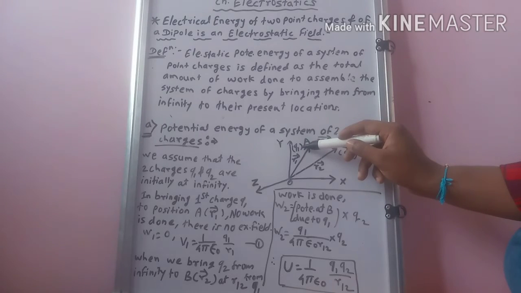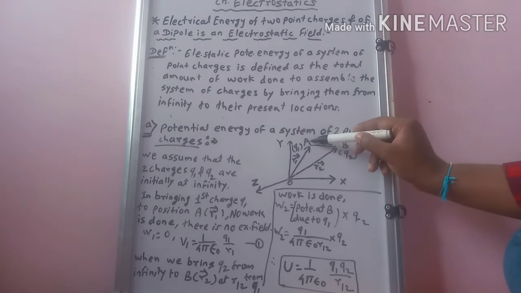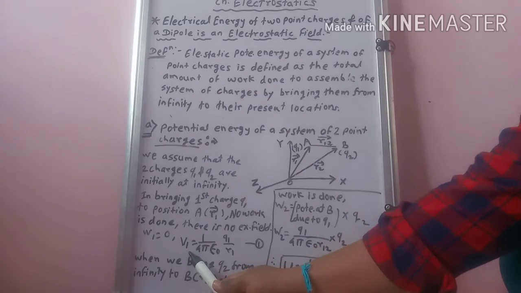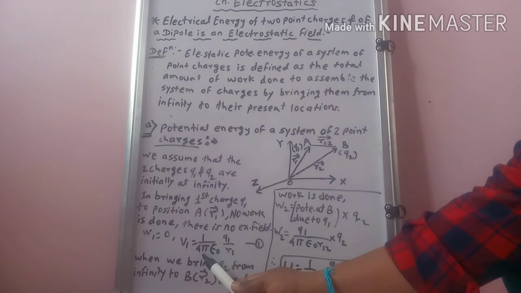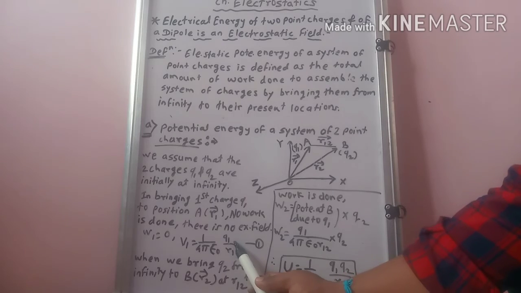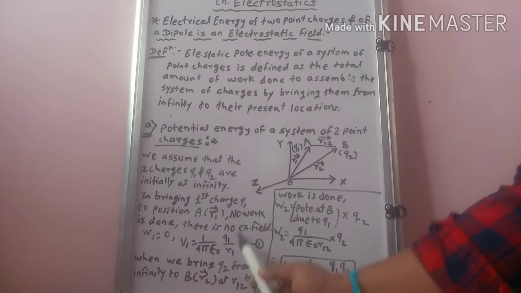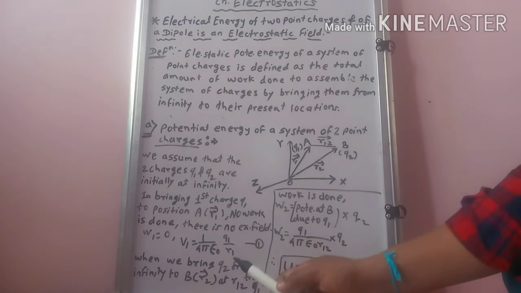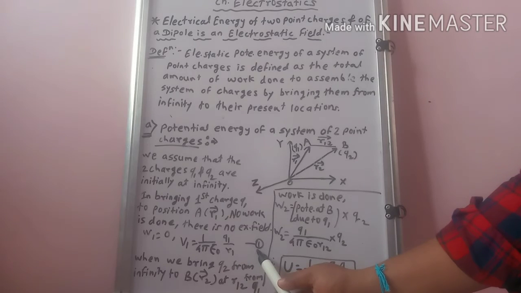But a potential is produced at point A, V1 equal to 1 upon 4 pi epsilon naught Q1 upon R1, where R1 is the distance from the origin O to the point A. This is equation number one.